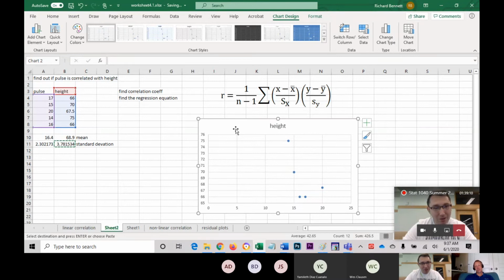It's not going to be good correlation. Probably not good, but if you were to say it was linear, what would you say? Linear negative? Negative correlation. Okay, so this is a good example of a negative correlation, which actually is true. Smaller people should have higher heart rates than larger people.